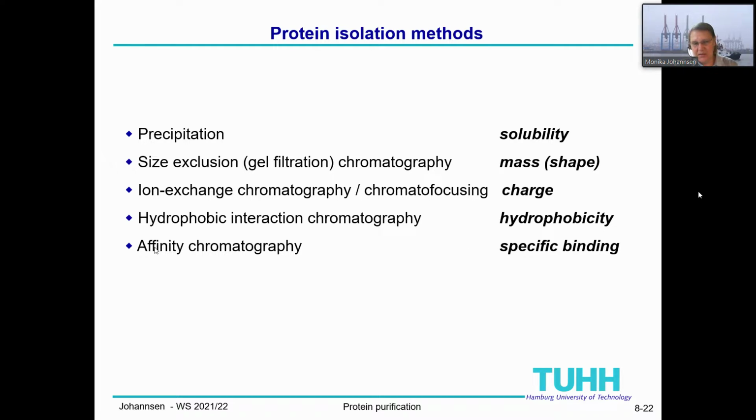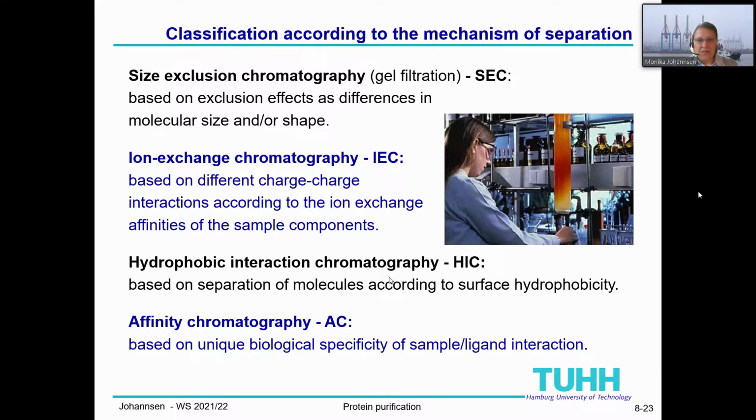The specific binding is used in affinity chromatography. I will explain these different chromatographic methods in more detail in the next half an hour. So this is the overview, and we already discussed it on the last slide a bit.